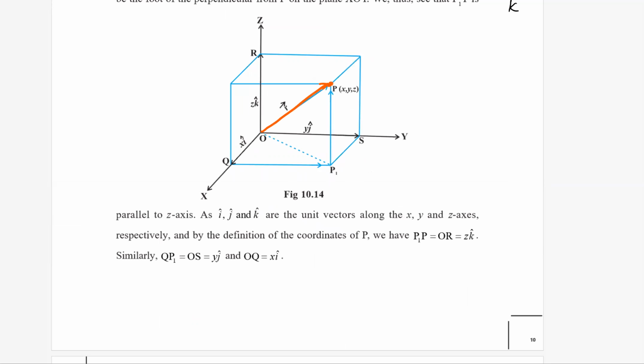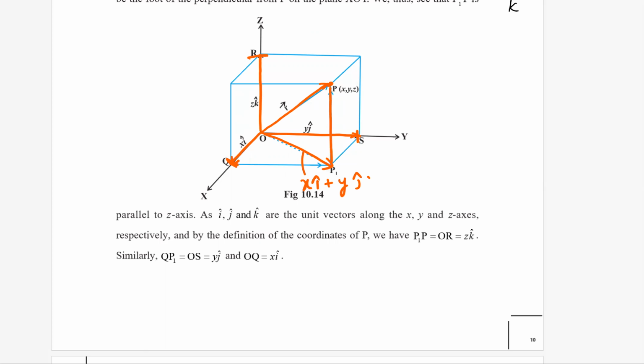Basically, OP means its distance on the x-axis is x, distance on the y-axis is y and distance on the z-axis is z. So this much is xi, this is yj, so their resultant will be xi plus yj. Now this is zk.